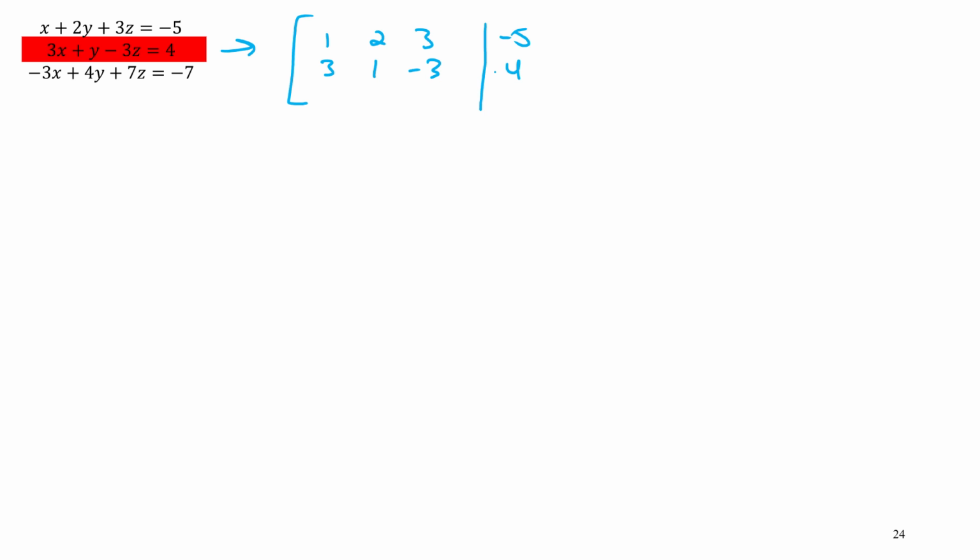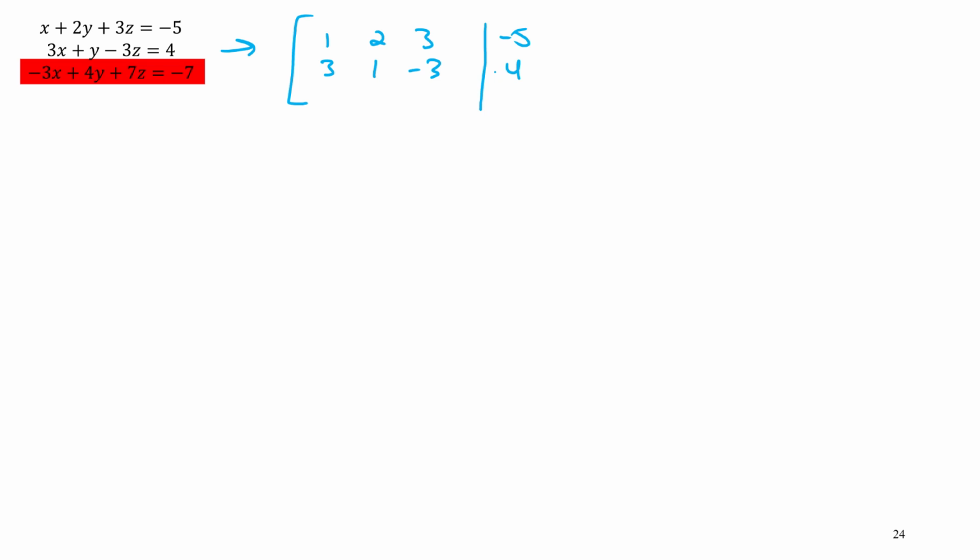So we are going to look at this example. And so we're going to write it out as an augmented matrix first. So you will have for row 1, we'll have 1, 2, 3, and then our answer column or our D column, -5. Then for row 2, we'll have 3, 1, -3, 4.